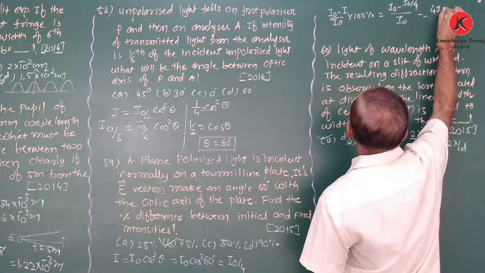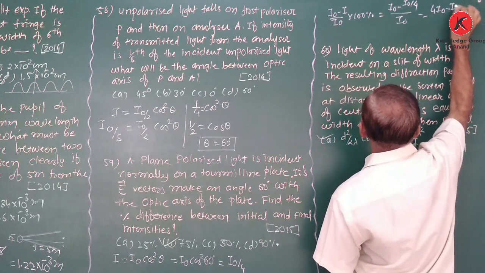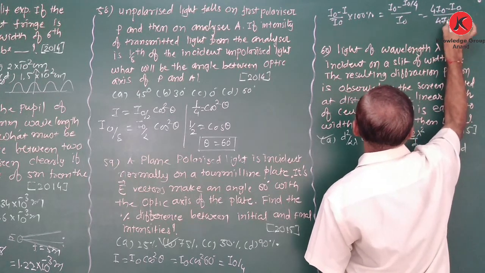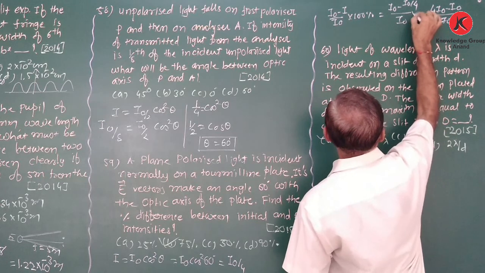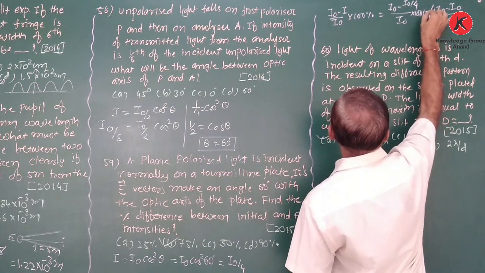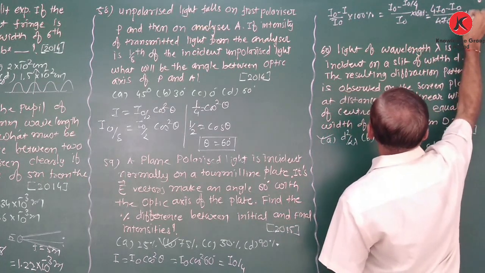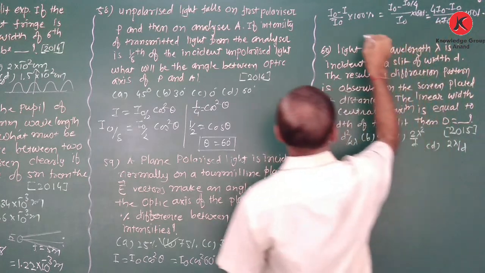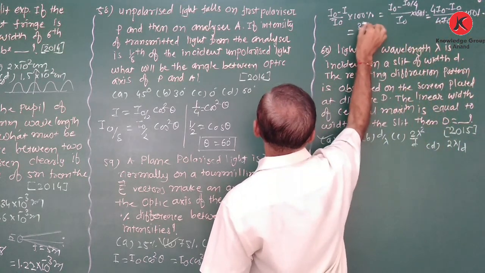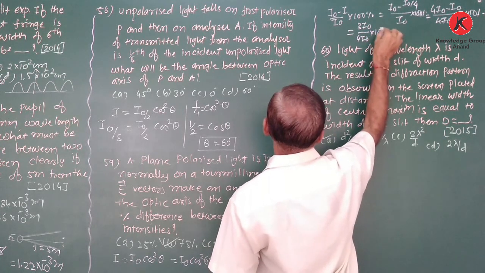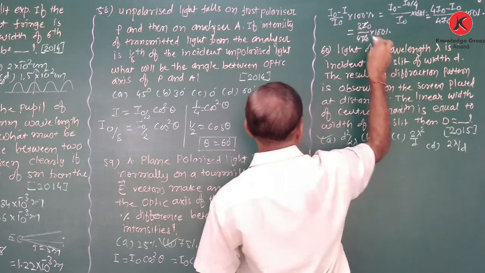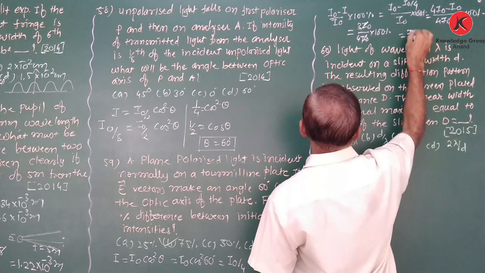Therefore, 4I0 minus I0 upon 4I0, multiplied by 100. Therefore, 3I0 upon 4I0 multiplied by 100%. I0 cancels, 3 by 4, 75%.